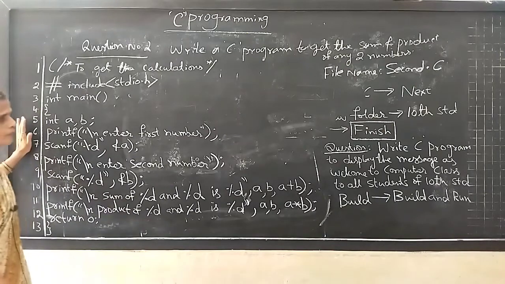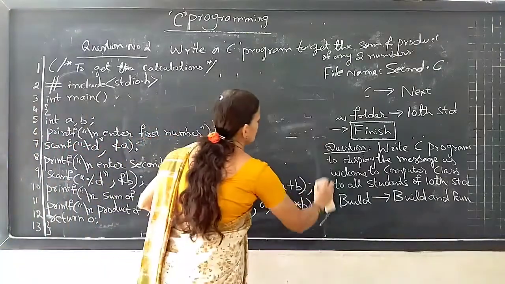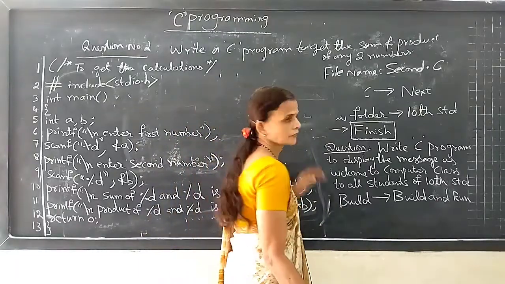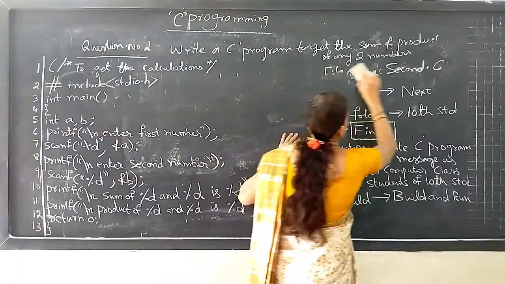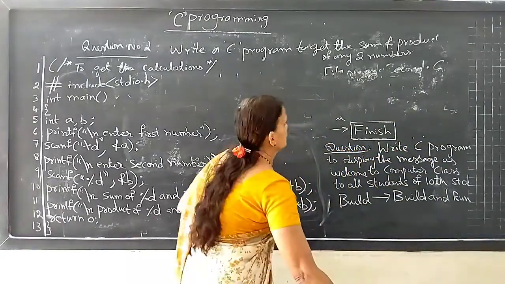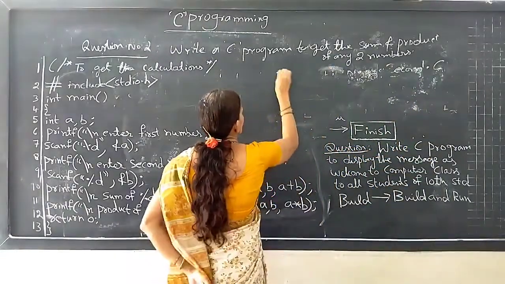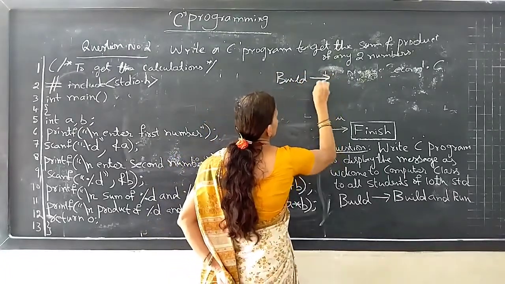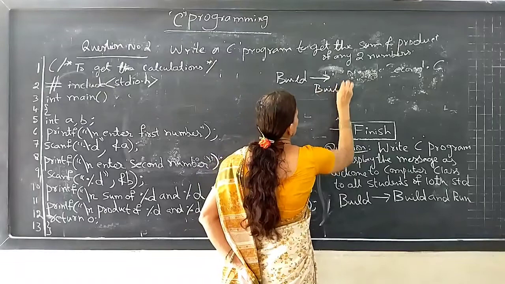After finishing writing the program, the next step is to go to the menu bar and select the build option. In that you will get build and run.